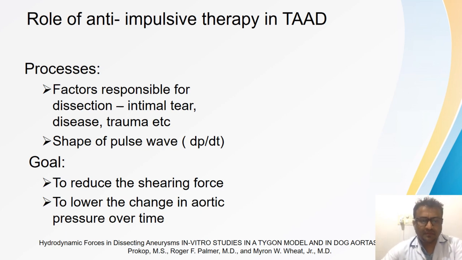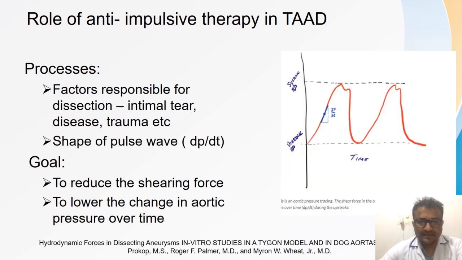The shape of the pulse wave is the time during which the aortic pressure rises. See this right side, this is showing the aortic pressure, and the dP/dt denoting the time during which the aortic pressure rises.